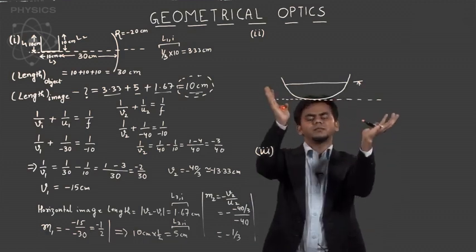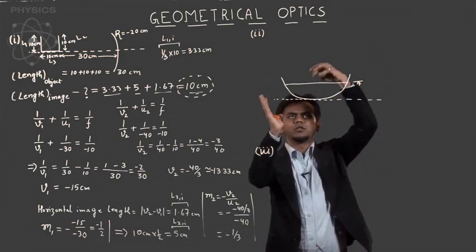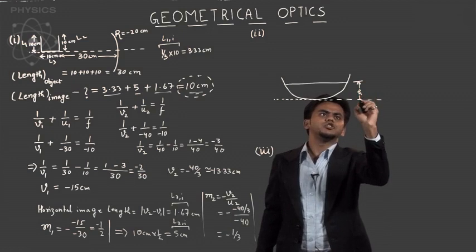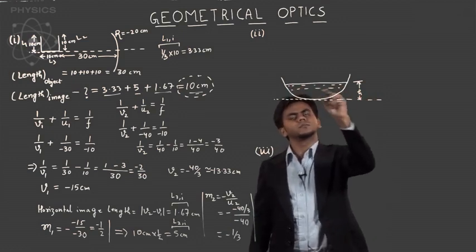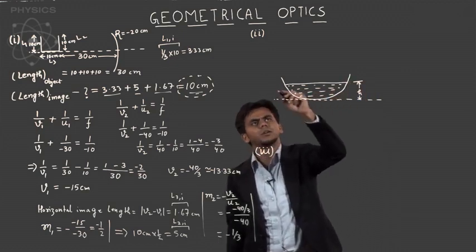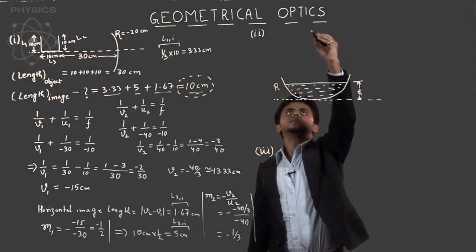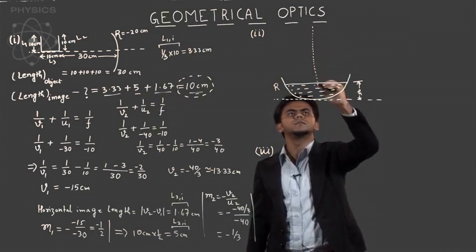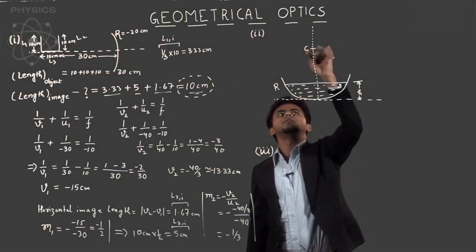As in, we have kept the concave mirror like this and filled it with water, as there's a depression over here, up till height h. This is water. The radius of curvature of this concave mirror, magnitude wise, is r. If you draw the principal axis like this, there would be something like C over here, which is your r.